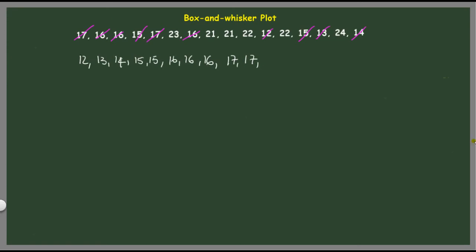Then I've got 18, no, I ain't got no 18. No 20, but 21 twice. What about 22? 22 twice.